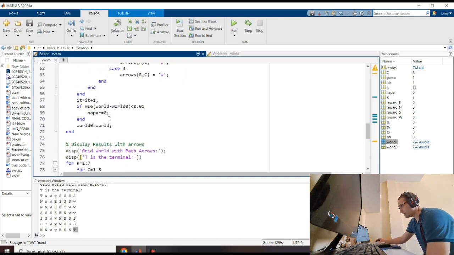And here is the next iteration coming. It is a formula of MSE.